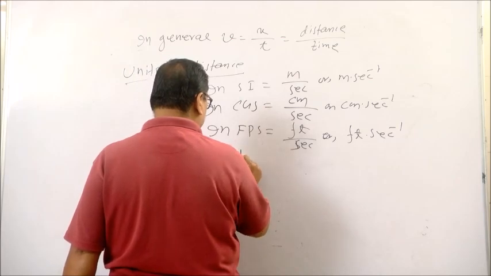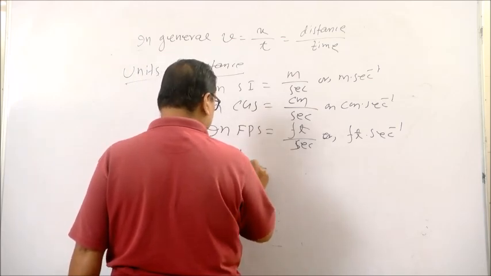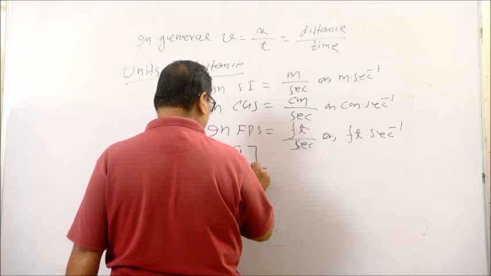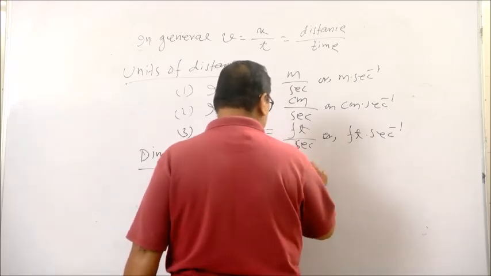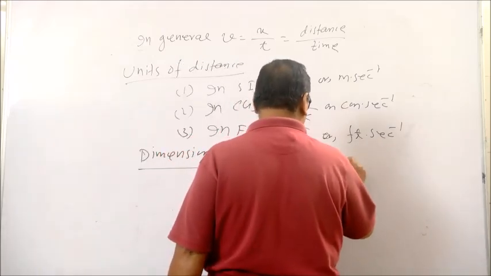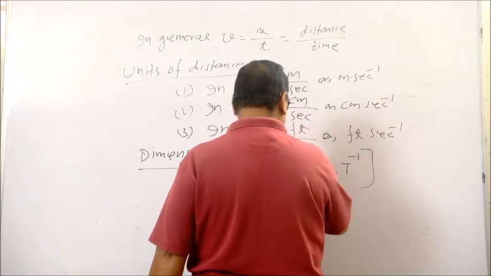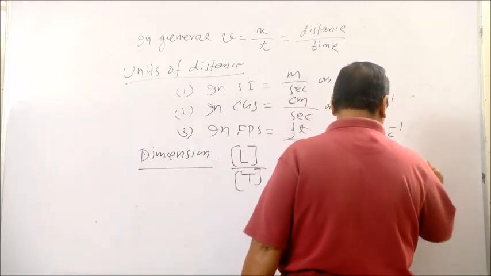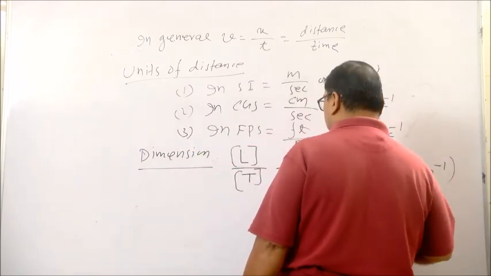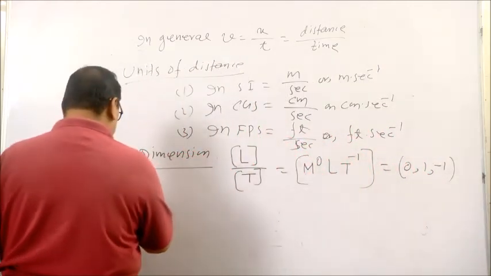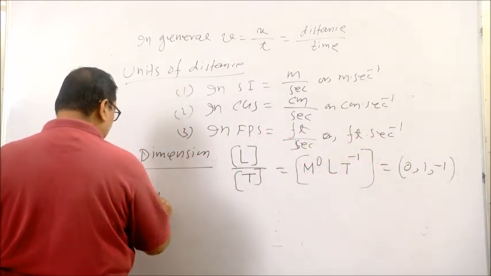Meter is for length, second is for time. So finally M0 L1 T minus 1, that is 0, 1, minus 1.